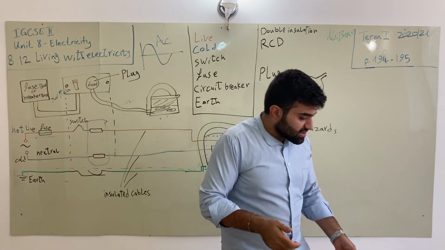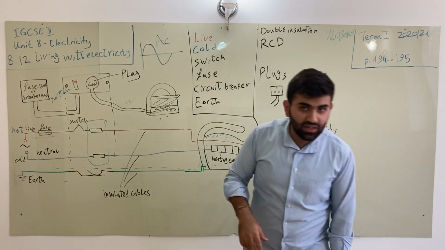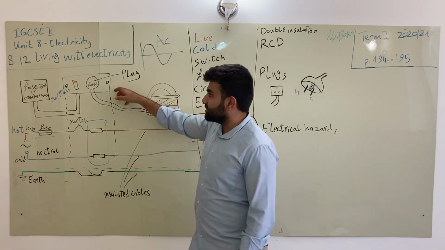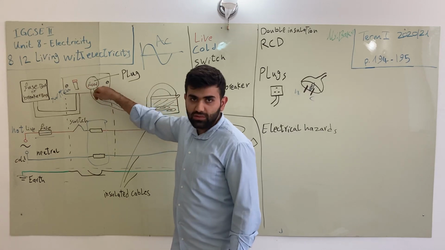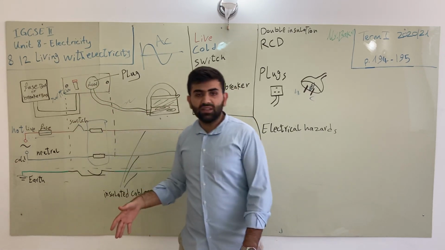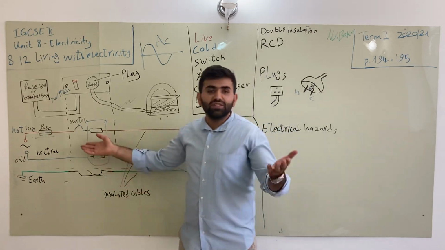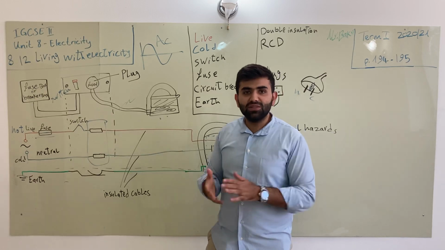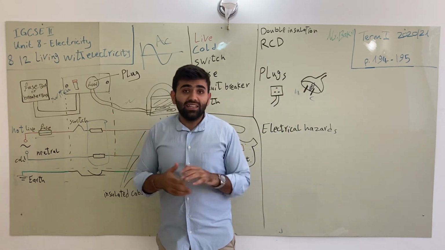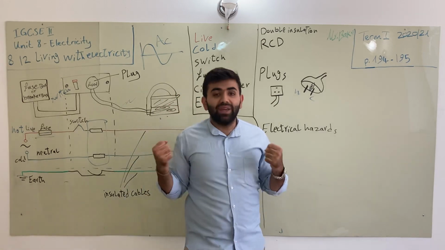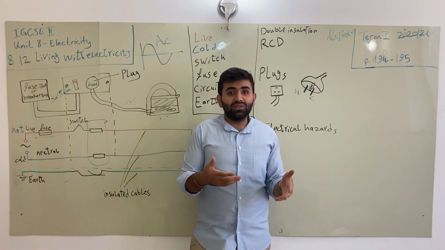If you find someone getting an electrical shock, for example someone with wet hands holding the plug and they want to put the plug in, and for some reason there is no fuse, or no protection, or no earth, what you should do is not come and pull him back, because you will get the electrical shock with him.